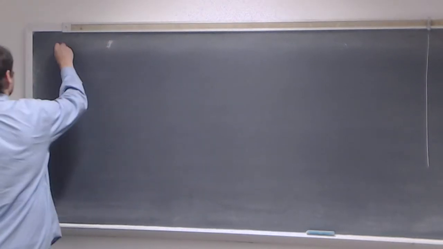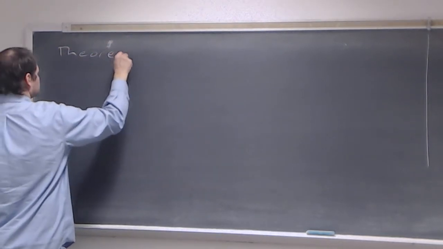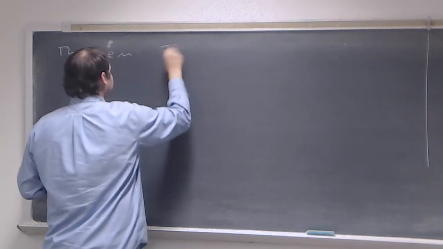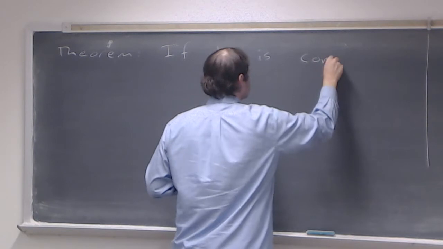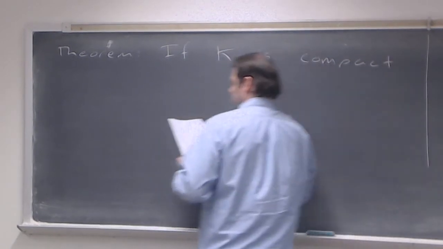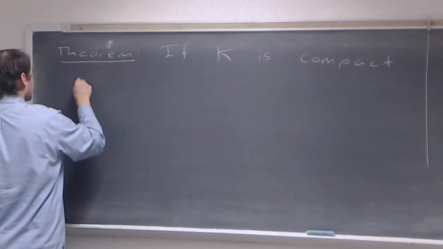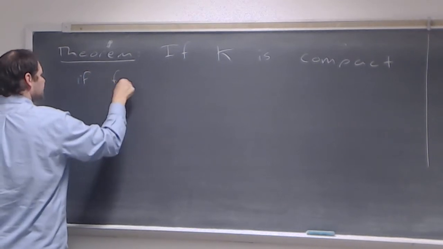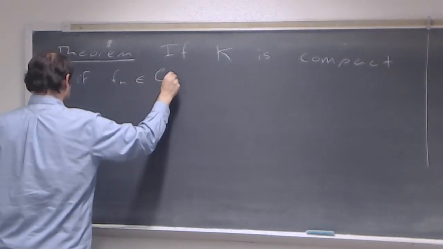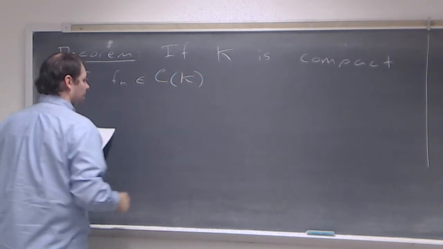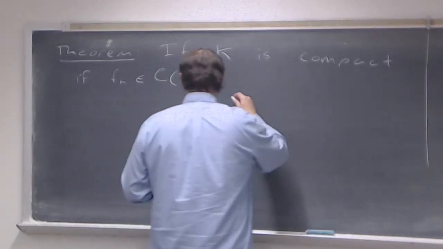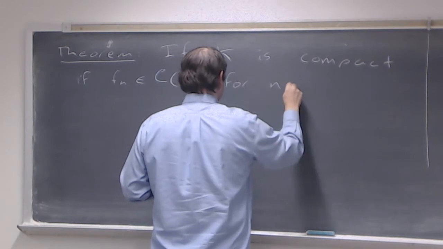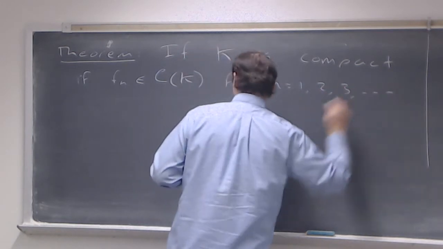So the first theorem has got two parts. Here's what it says. If K is compact, if f sub n is an element of C of K, remember those are complex valued functions that are continuous and bounded, and that's true for n equals 1, 2, 3, whatever.